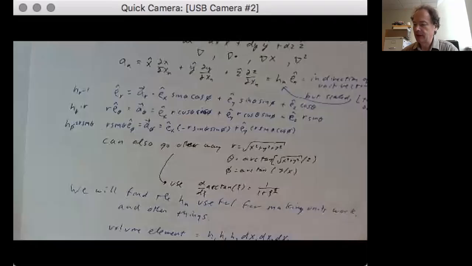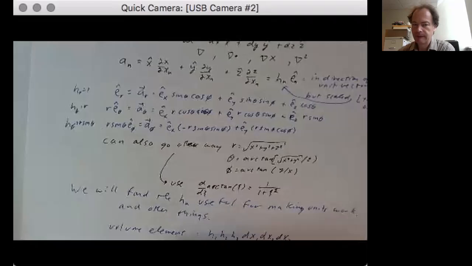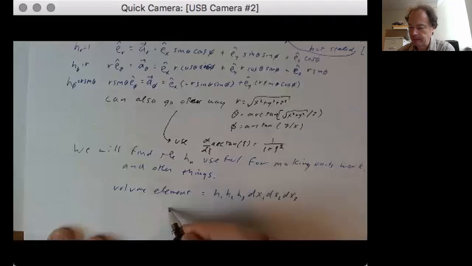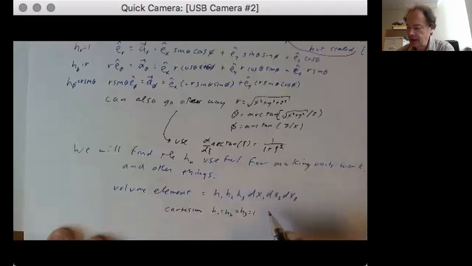And so if we look that out, Cartesian, h1 equals h2 equals h3 equals 1, and then the volume element is equal to 1 times dx, dy, dz.